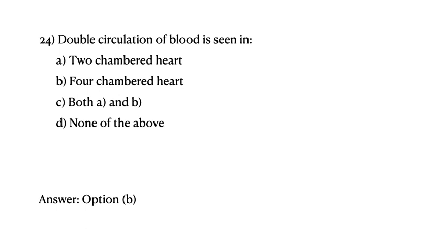Double circulation of blood is seen in option A, 2-chambered heart, option B, 4-chambered heart, option C, both A and B, option D, none of the above. Now children, here answer is option B, that is 4-chambered heart. Double circulation of blood is seen in 4-chambered heart.